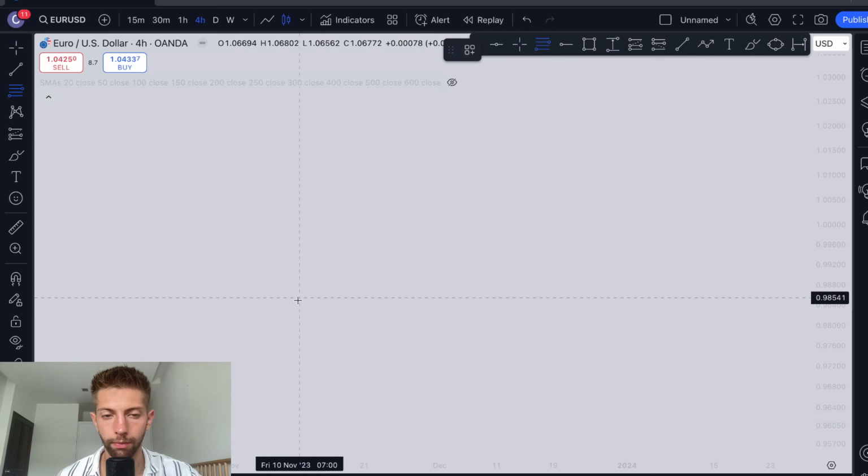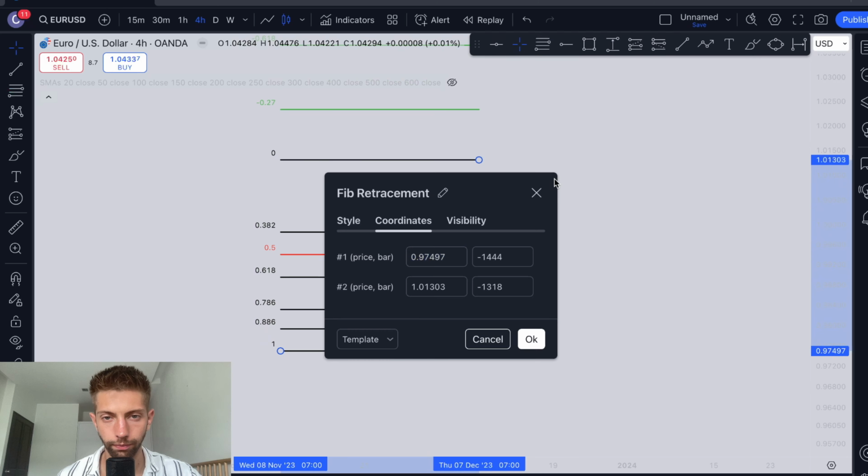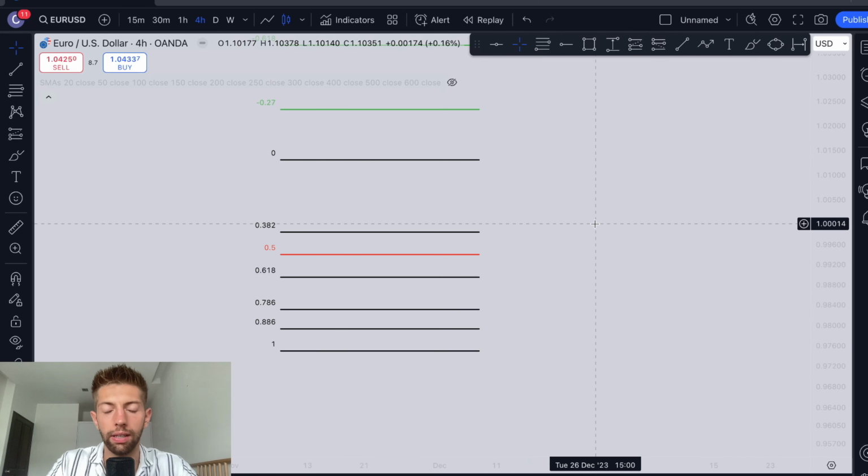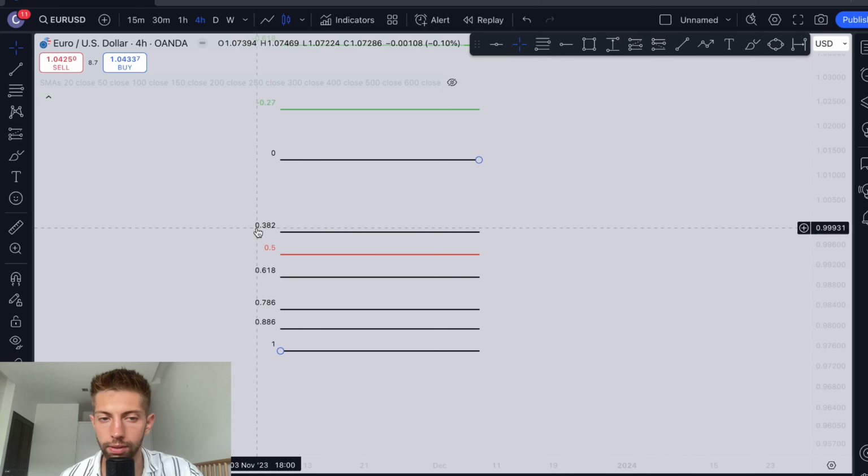Another thing is, what I want to see at least is for price to pull back at least to the 38.2%, which is the first support level.